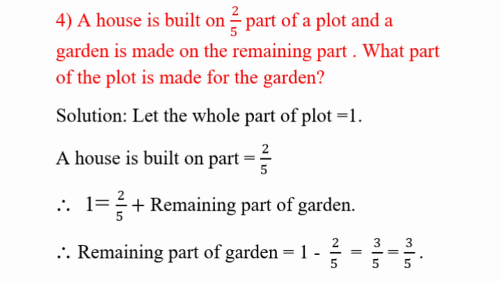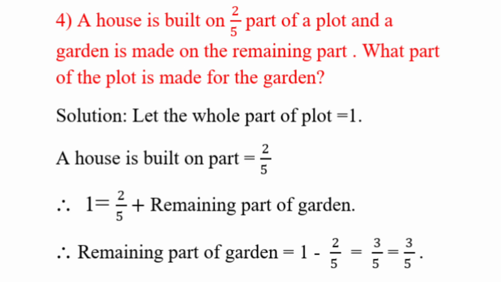So let us assume that the whole plot is 1 and the house is built on the part given in the question, that is 2 by 5. If we subtract this part of the house from the whole part 1, then we will get the remaining part of the garden. So the whole part 1 is equal to 2 by 5 plus remaining part of garden, and the remaining part of garden is equal to 1 minus 2 by 5, which is equal to 3 by 5.